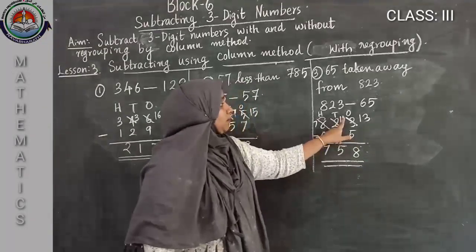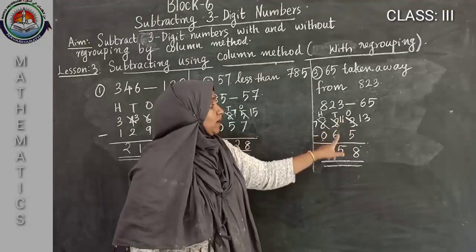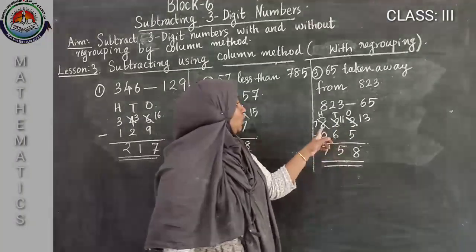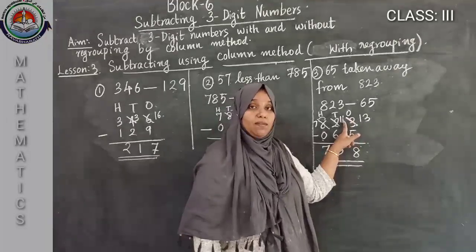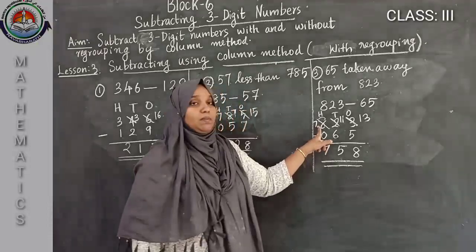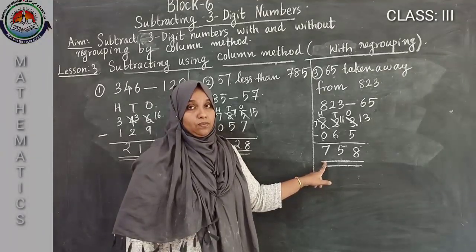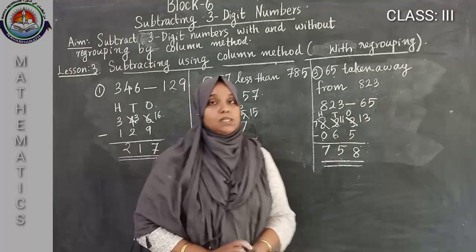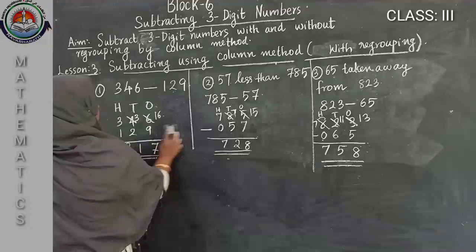Then the number became 1, so we can't do 1 minus 6, so we borrowed 100 from here, so this becomes 11. 11 minus 6 is 5, and here 7 remains. 7 minus 0 is 7 itself. Okay, we can discuss one story problem from your content book.